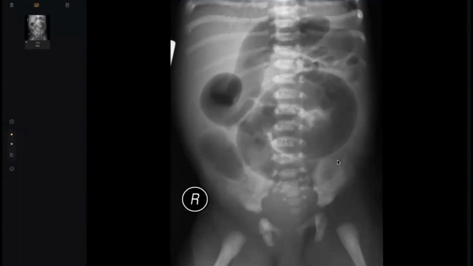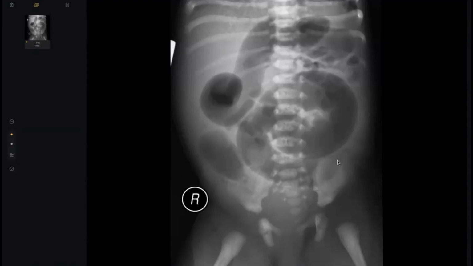Lower GI obstruction starts from anal atresia, then Hirschsprung, and colonic atresia, and meconium plug syndrome. Okay, all of this. Meconium plug syndrome, not meconium ileus. Two different entities. Okay, my colleague.